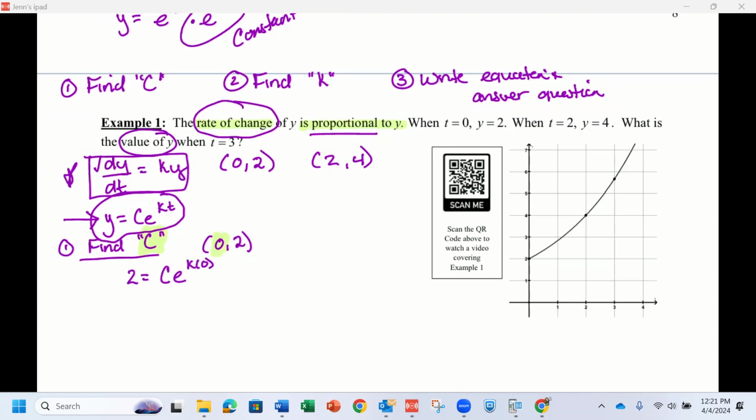And again, e to the 0 is just 1. So what's C equal to? C is equal to 2. Now we can start writing the equation by replacing C with 2 in my particular function. So Y is equal to 2 times E raised to the KT.